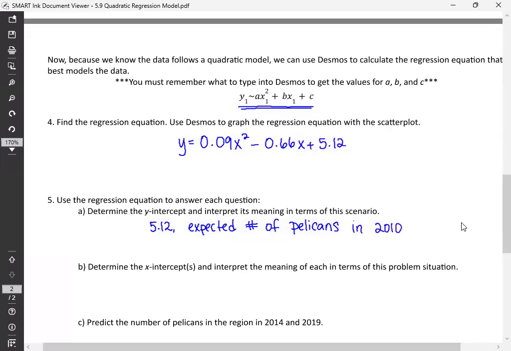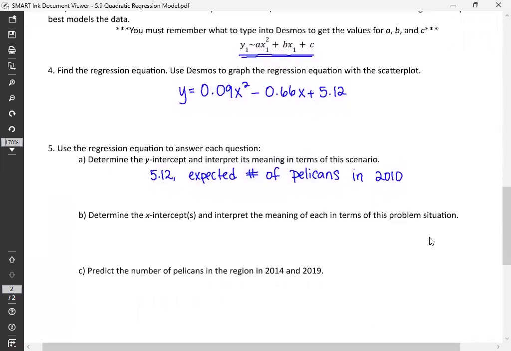Now I know in our table, we actually have 5.2 listed for 2010. Again, 5.2 is the actual value, and 5.12 is what is expected to happen if we didn't know the actual value. Those are pretty close, so a regression equation gives us a pretty good estimate.